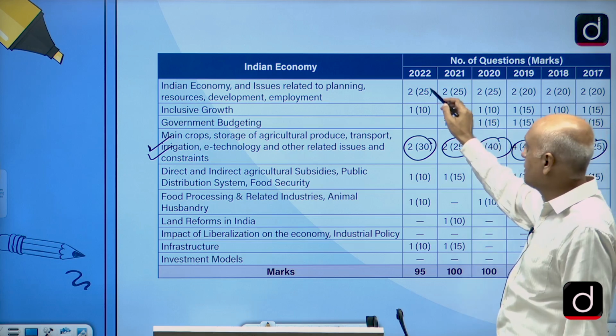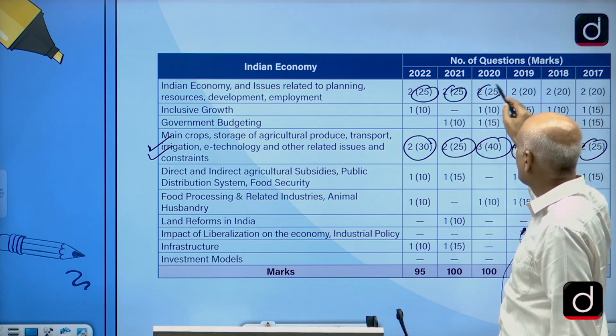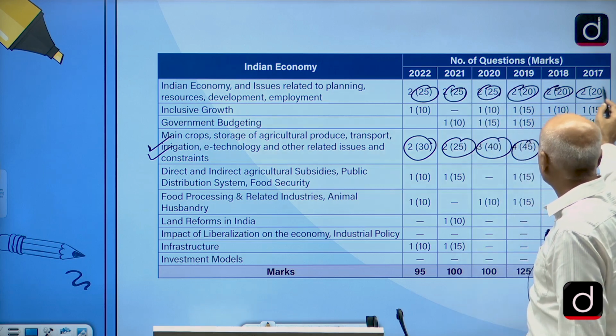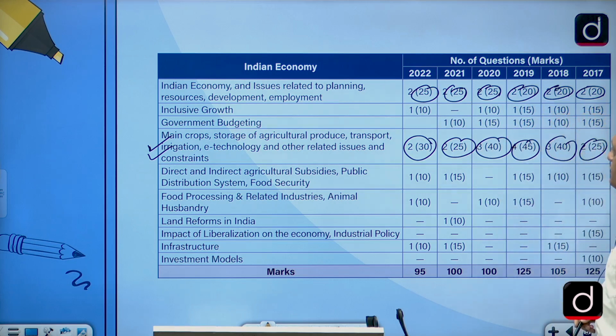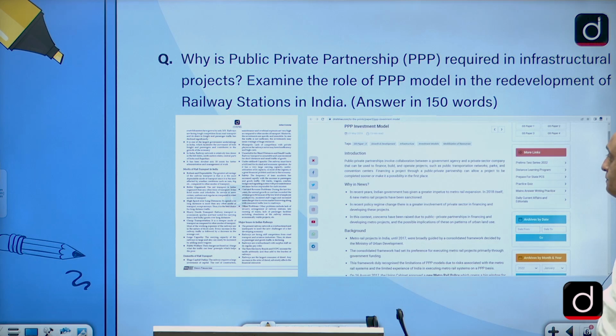Plenty of questions you will find on inclusive growth, economic development, human development index. So there's a constant focus on these areas. Occasionally they are moving into any domain and you have to prepare obviously everything. So let's discuss these questions one by one.